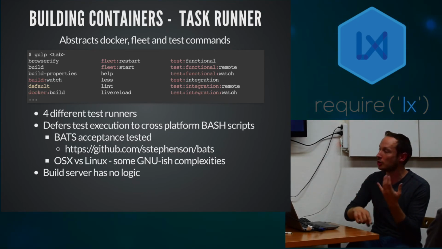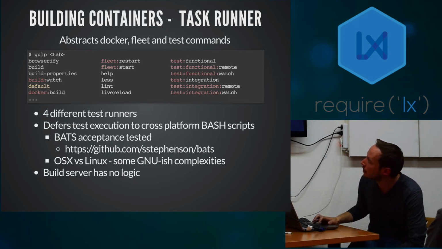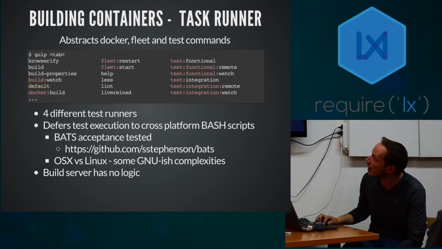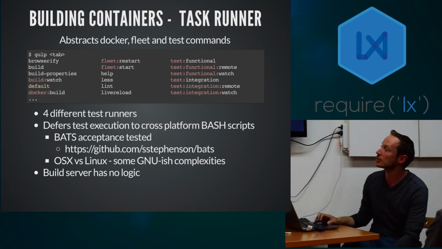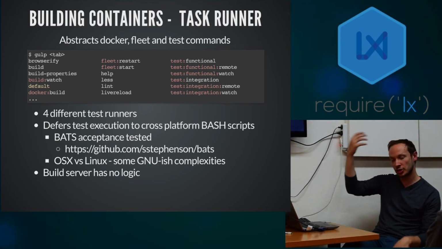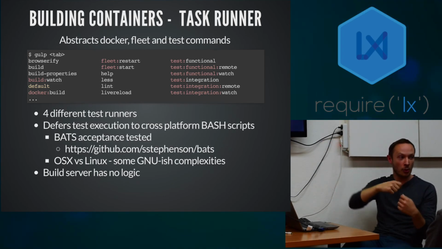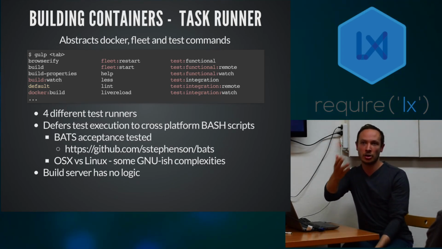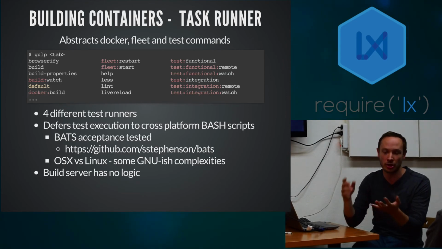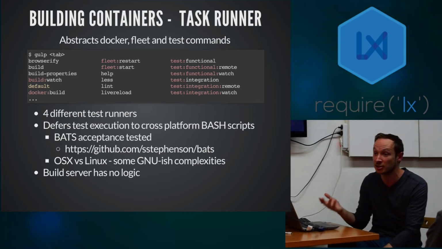Like I said, we've got Java code, we've got Angular, Node code, we've got 4 different test runners, and Gulp test will then shell through, and it won't care because of the way we put this task runner together. It won't care what underlying task runner we're using. Gulp test will run whatever test the container needs to be run.